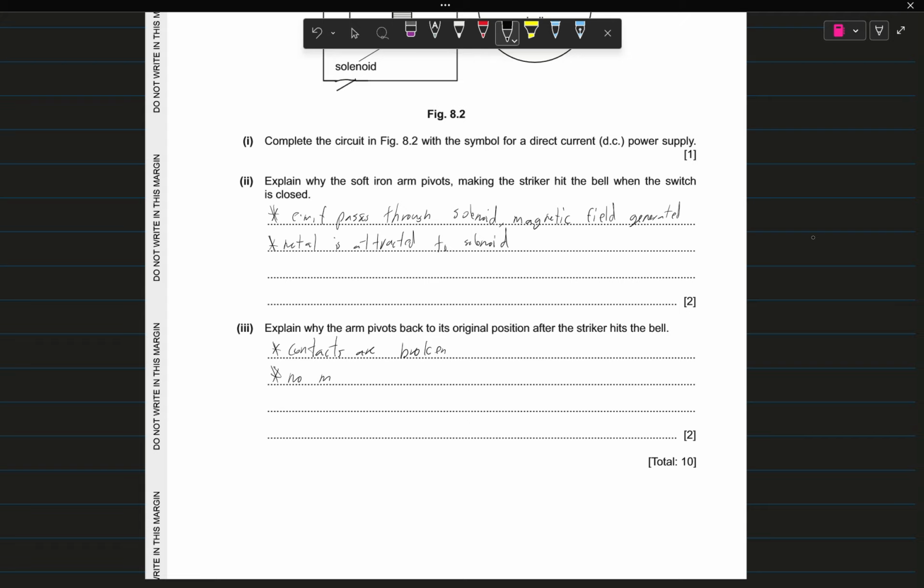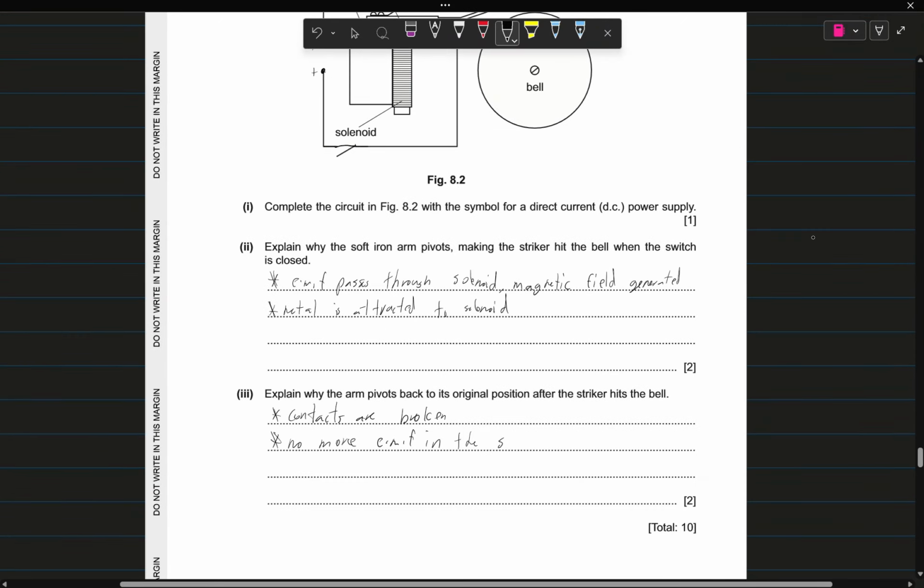So no more EMF in the solenoid. And because of that, solenoid no longer acts as an electromagnet.